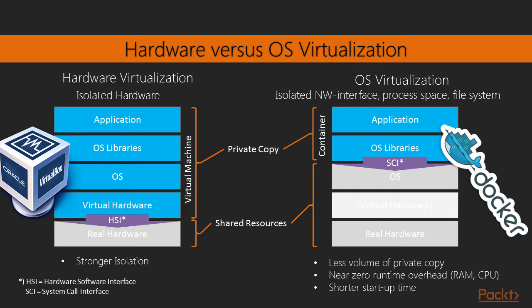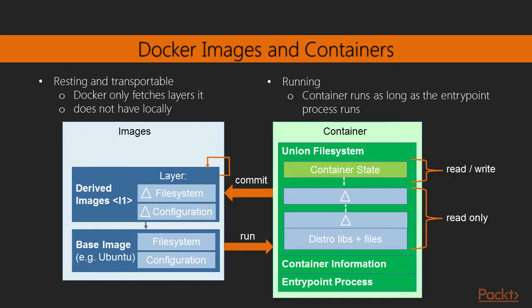As you can see, the private copy is a lot smaller here because you only have the application and operating system libraries. You have near zero runtime overhead because it only takes the application to fire up and nothing else. The operating system is already running. So you have very short startup times of your applications compared to hardware virtualization. Now this is what makes Docker so strong.